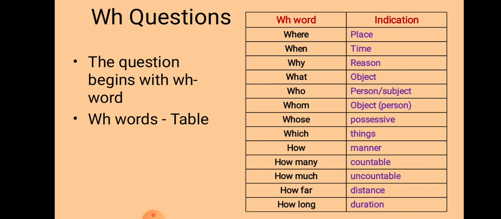Where indicates place, when indicates time, why shows reason, what indicates object, who indicates person or subject, whom indicates object, that is person, whose is possessive, which is things, how is manner, how many is countable, how much is uncountable, how far is distance, and how long is duration.